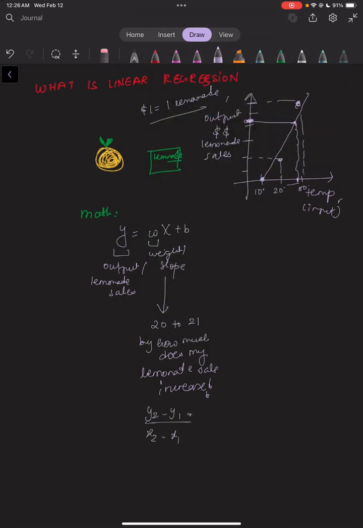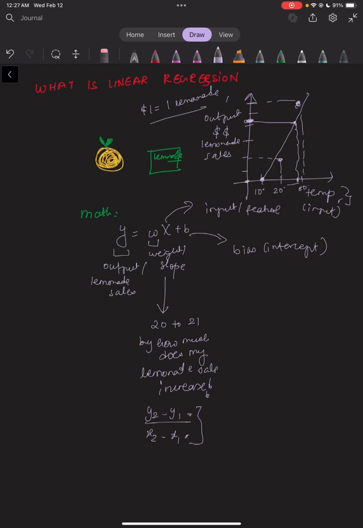You take any two data points in x and y and work it out. Now what is x? x is your input, which we also call a feature, and this right here is the temperature. And then we have this term b, which is the bias or intercept. That's the sales when the temperature is 0 degrees Celsius. So in our case, that's 0 right there.